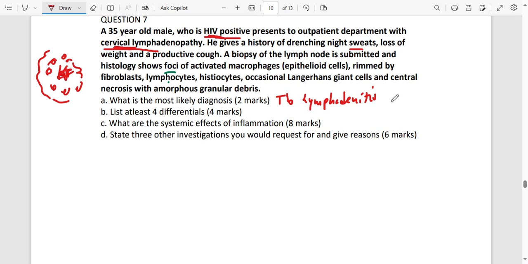And of the lymph nodes, the most commonly affected are the cervical lymph nodes in someone that has TB. So cervical lymph nodes in someone with HIV is enough to tell that there's TB lymphadenitis.